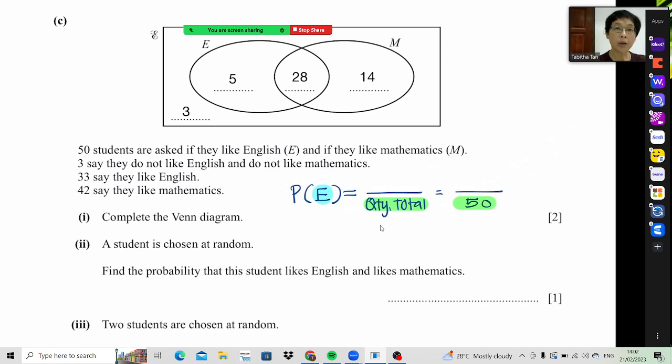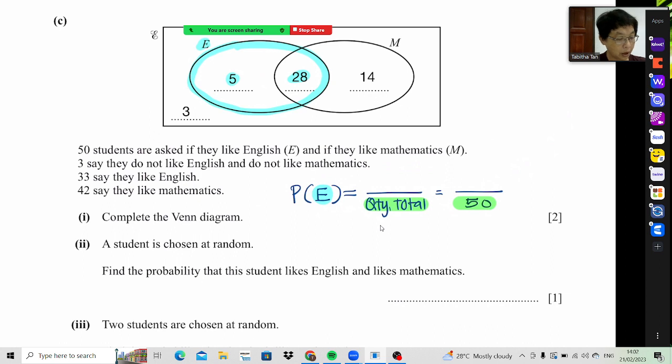If we know a little about the Venn diagram, we know that in the circle of English, all the numbers here are the students who like English, regardless of whether they like English alone or English and maths. But bottom line, they like English. Again, we are interested to pick a student who likes English, so we're going to add up these two numbers: 5 students and 28 students.